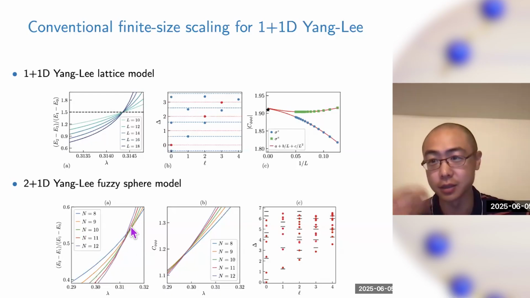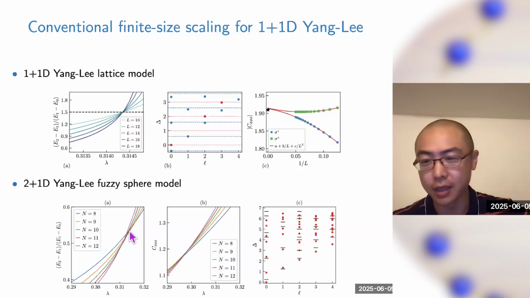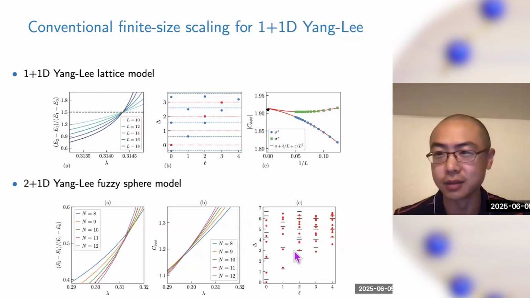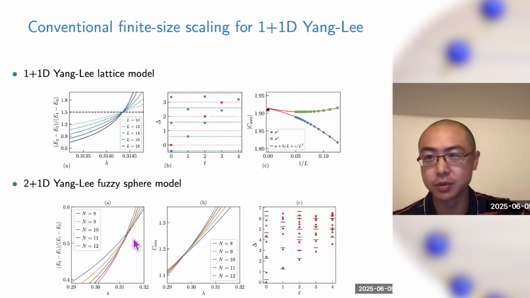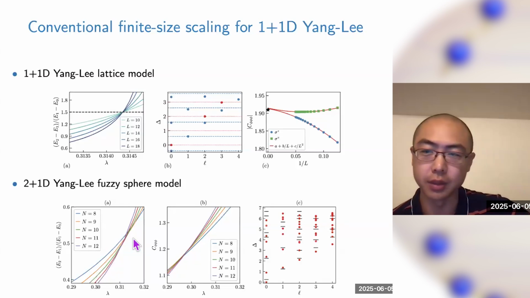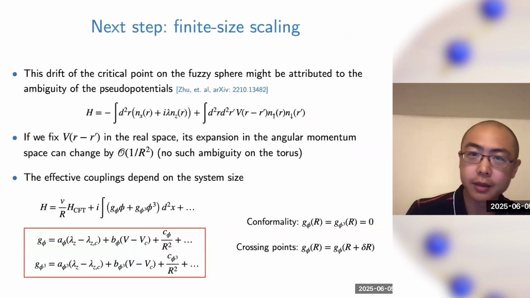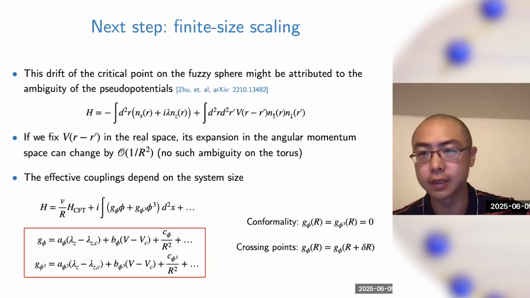It's not surprising that if you use this approximate crossing point as your definition of the critical point, you will see that the spectrum is not close to being conformal at all. So this drift seems to be very significant for this 2+1D Yang fuzzy sphere model, and we have to understand or deal with that in order to do a good finite size scaling.